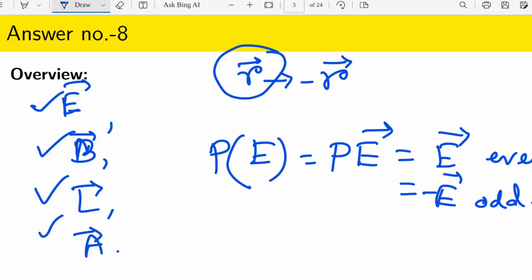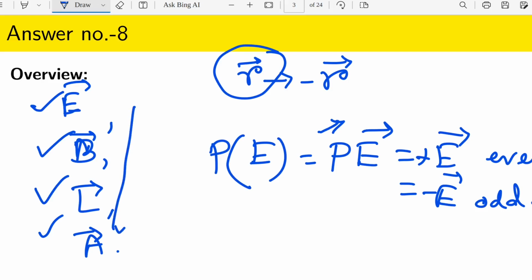So we have to check after operating the parity operator on E, B, L, A, what will be the final state. Will it be B or minus B? E or minus E? If it is plus E, then it will be even under parity. If it is minus E, then it will be odd under parity. This is the main thing we have to do in that question.